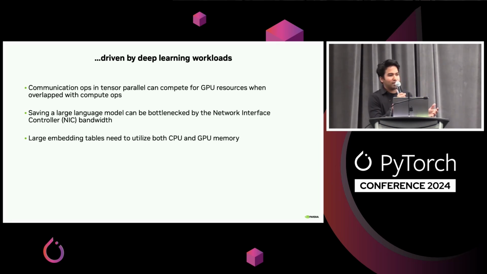There are also use cases such as saving your model for model checkpointing. If you try to all-gather on the CPU, you can go through the network interface card path, which has reduced bandwidth versus going through NVSwitch, for instance. Also in DLRM workloads, if your embedding tables don't fit on the GPU, you might need to partition them to the CPU as well.